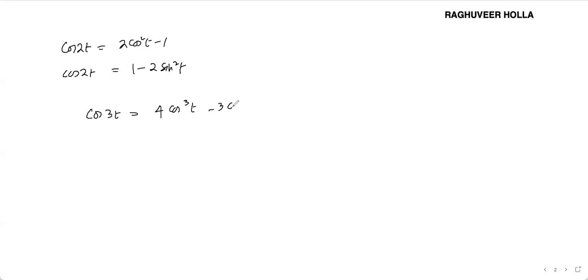We have used the cos 2t formula, that is 2 cos square t minus 1, and cos 2t as well as 1 minus 2 sin square t. And we have also used cos 3t, which is 4 cos cube t minus 3 cos t, and sin 3t, 3 sin t minus 4 sin cube t. We have used all these formulas.